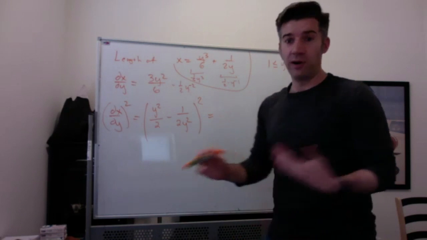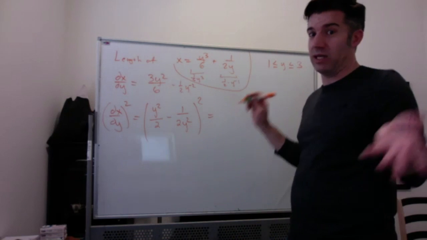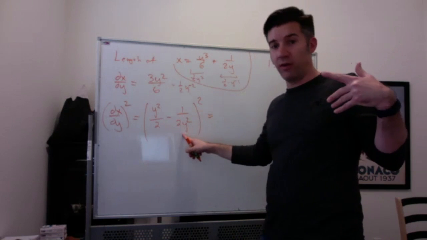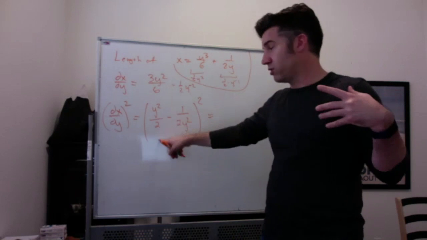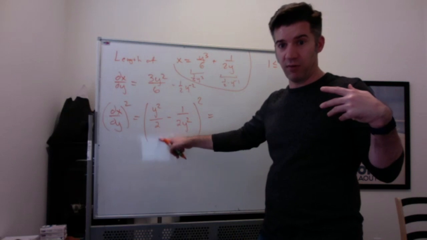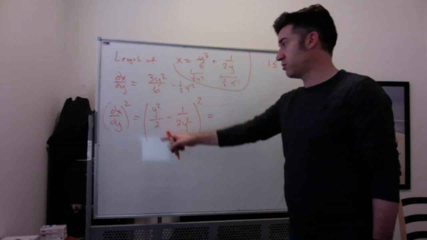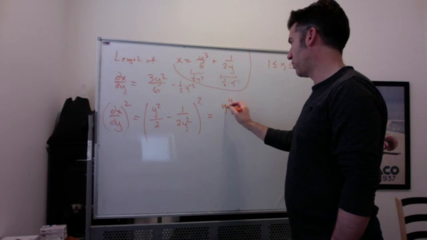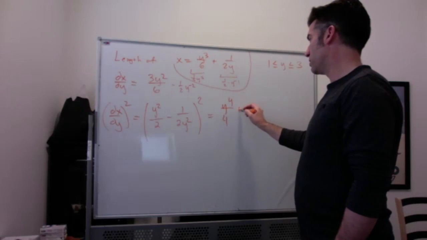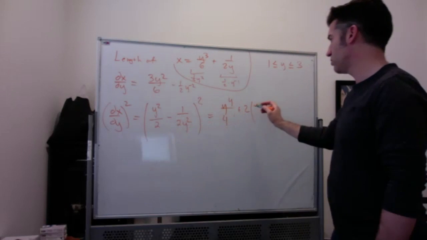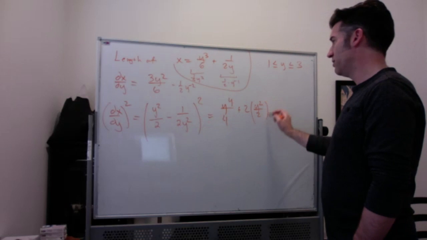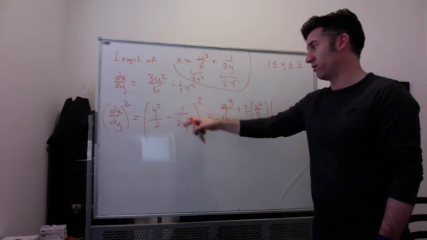You can either FOIL it out, or you can just do it like this: when I square a binomial, it's the first term squared plus 2 times the first term times the second term plus the second term squared. So it's going to be the first term squared, which will be y to the 4th over 4, plus 2 times the first term, y squared over 2, times the second term, negative 1 over 2y squared.